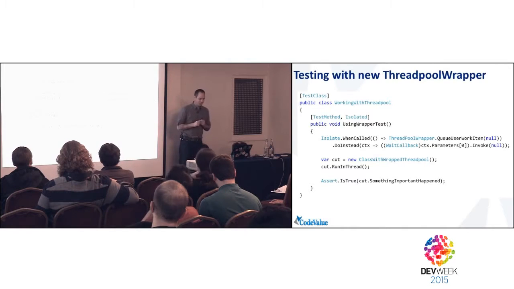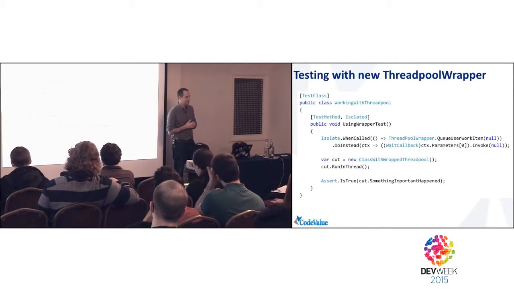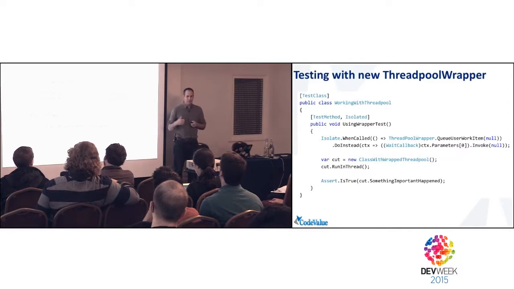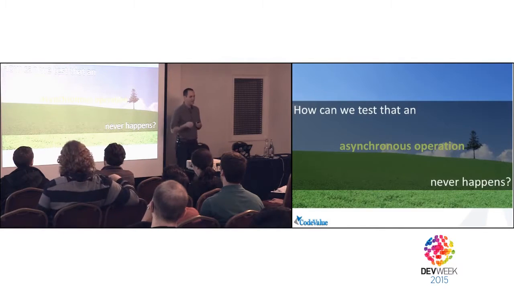Well, that's all nice. But it still doesn't solve all of my problems. Because there's one thing with asynchronous that I can never test. It's like a philosophical question. How can I test that an asynchronous operation never happened? What does it mean never happened?